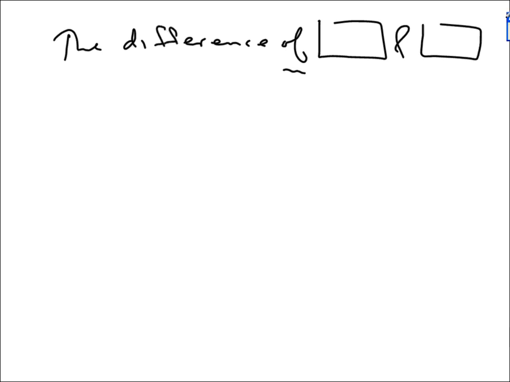What comes in between the "of" and the "and" is this. What comes after the "and" is that. And how do you write it in words? This minus that. Sometimes you may need brackets, especially around the that.